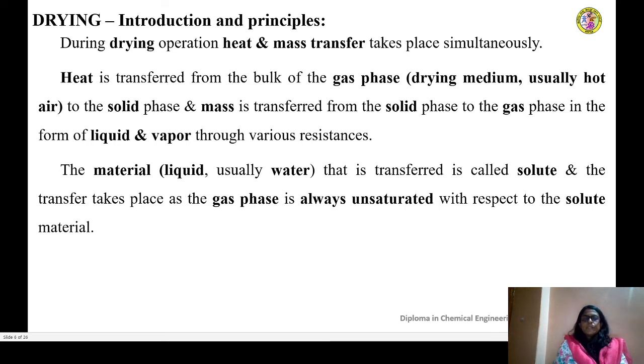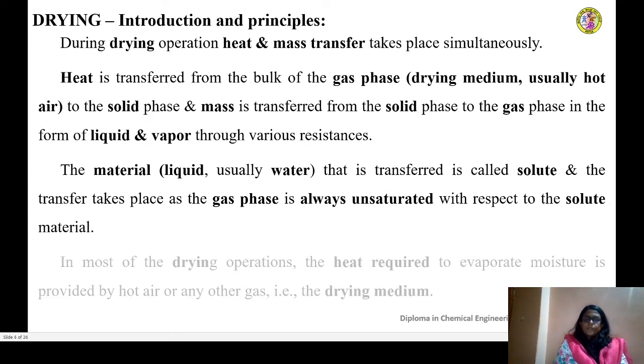That means we are using a gas phase that has a capacity to acquire more moisture in the form of vapor. Since that phase is unsaturated with respect to the water or moisture content, there is always a transfer of moisture from the wet solid or wet substance to the drying medium, that is the gas phase, that is hot air.